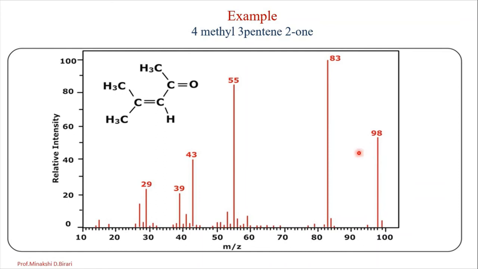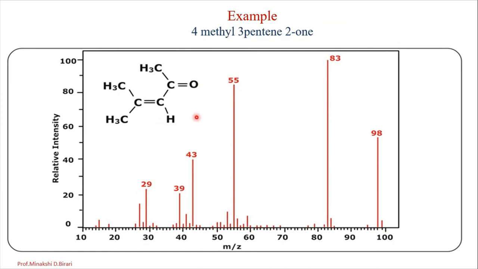And the other fragmented ions show peaks at odd M by Z values. Most of the fragment ions show peaks at odd values: 55, 43, 39, 29, 83.